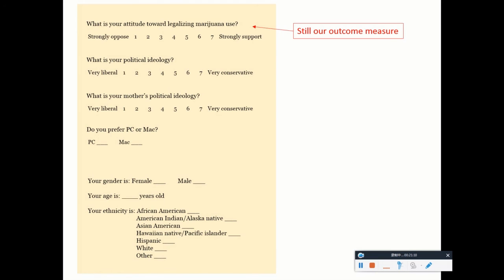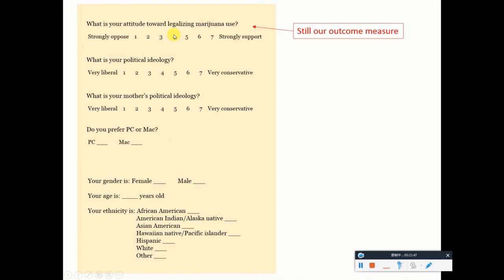Okay? Actually, there's good reason to expect that people's preference for PC or Mac would relate to their attitude toward legalizing marijuana use. This is because, in general, people who are more liberal are more likely to use Mac. Comparatively, PC users are generally more conservative, not very conservative, but more conservative than Mac users.